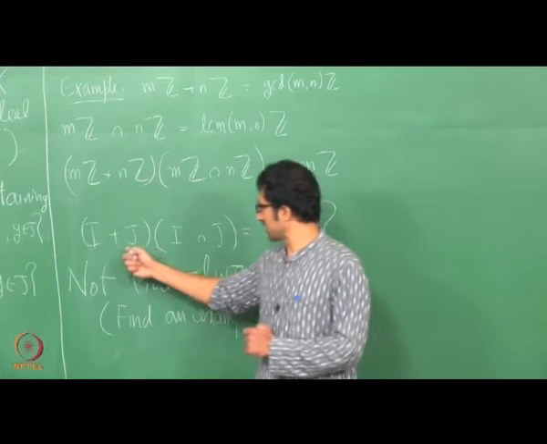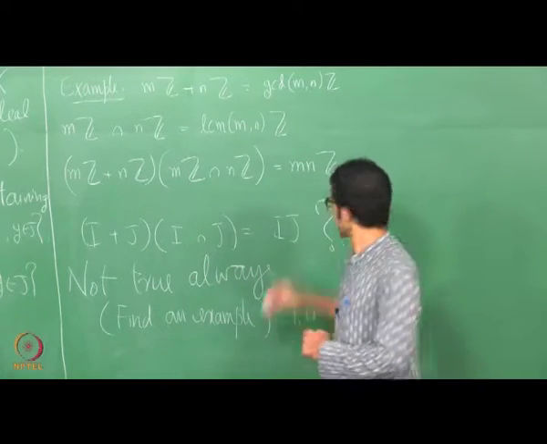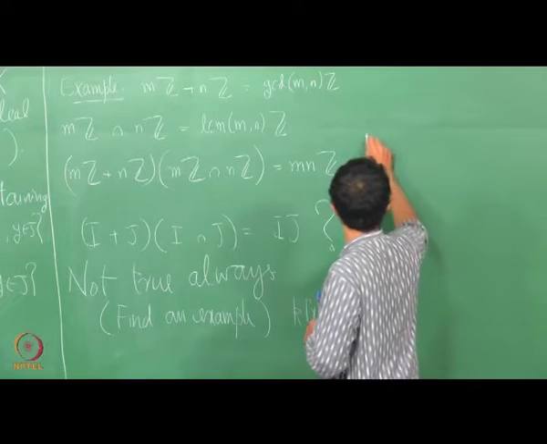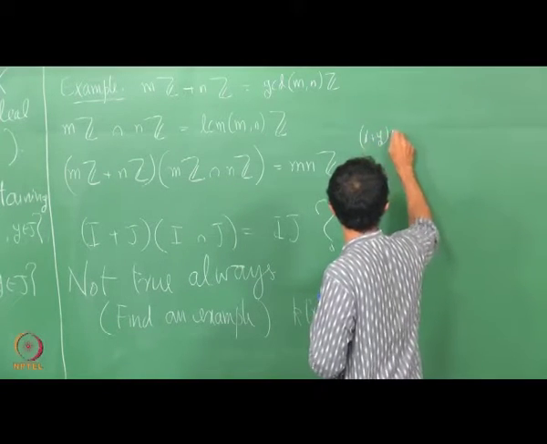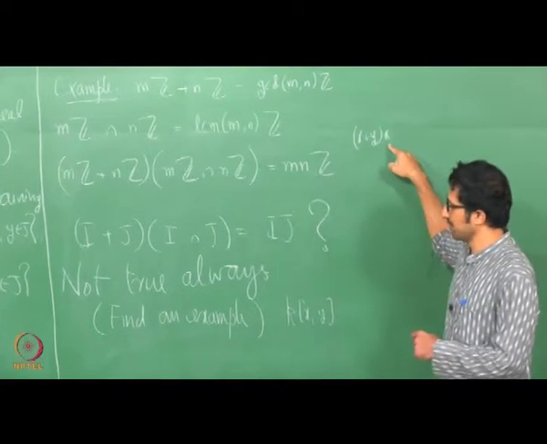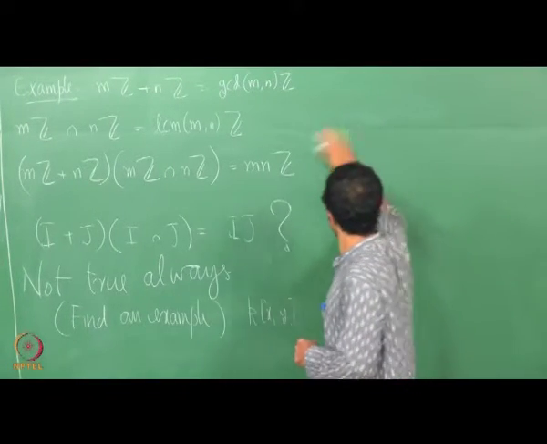Now how does any generator look like? (x plus y) times a, where a is in the intersection.